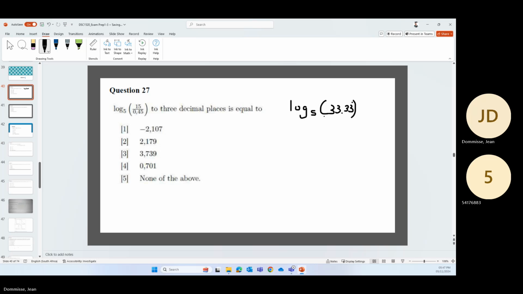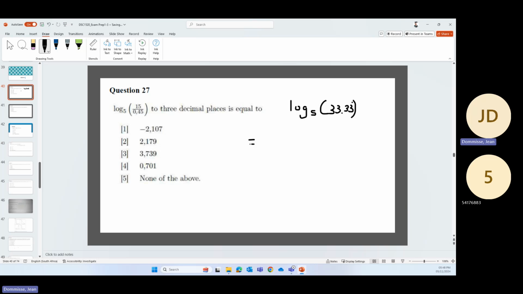If, like my calculator, it does not have this function, another way to do this is to change this log 5 of the 15 divided by 0.45, which is 33.33.